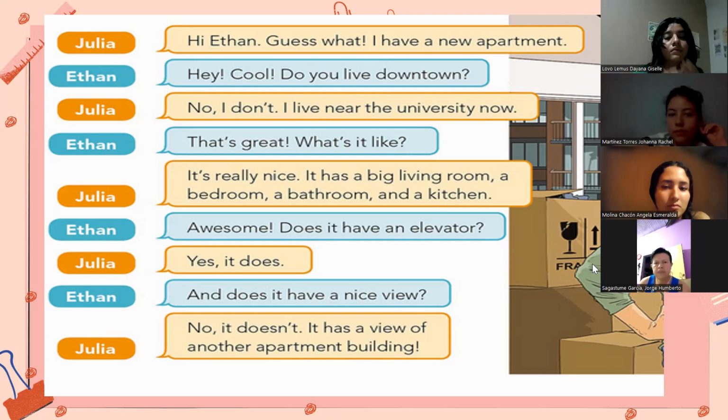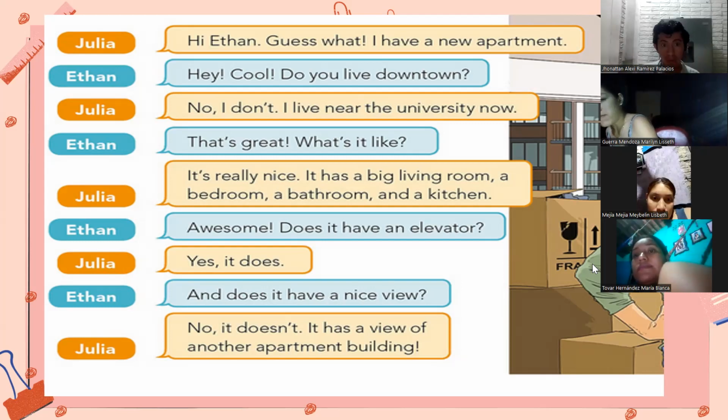It's really nice. It has a big living room, a bedroom, a bathroom, and a kitchen. Awesome. Does it have an elevator? Yes, it does. And does it have a nice view? No, it doesn't. It has a view of another apartment building.